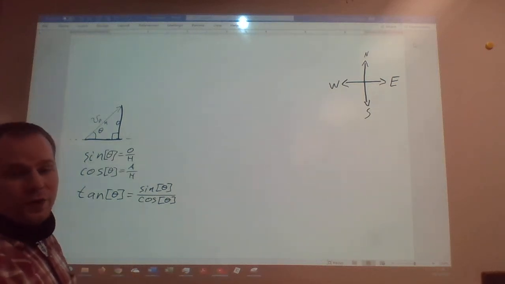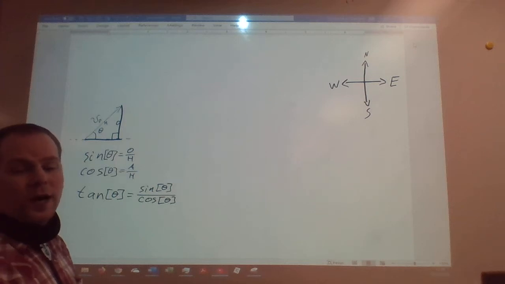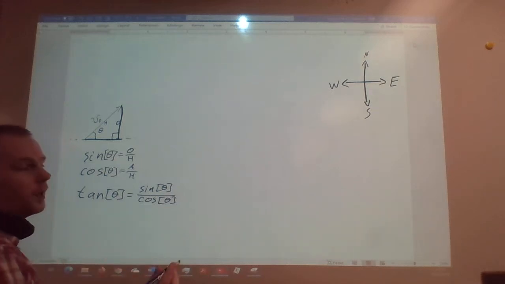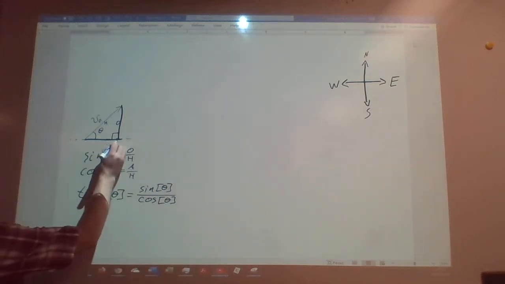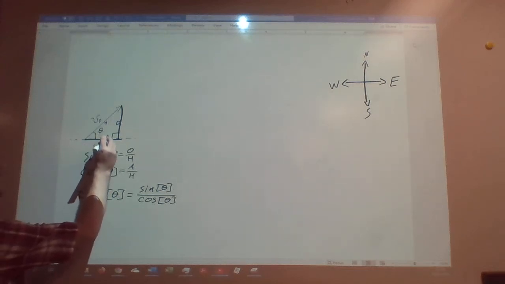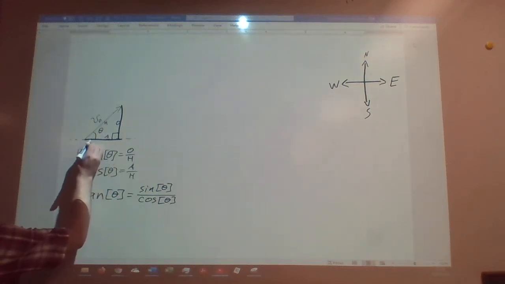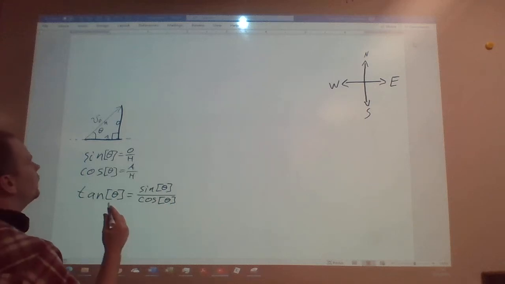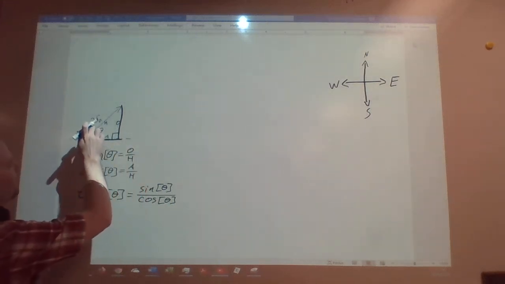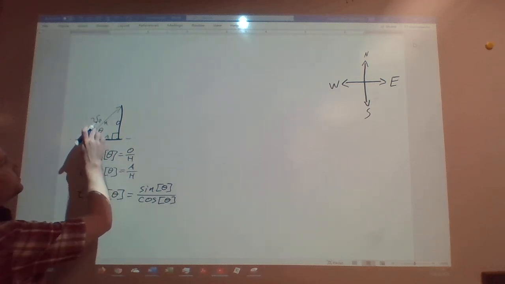Okay, adjacent shares a side with the known angle. So this is the adjacent leg. This is the angle, so they share this side.